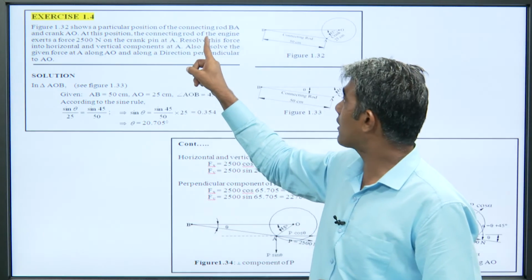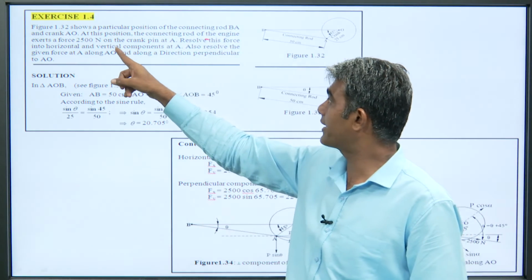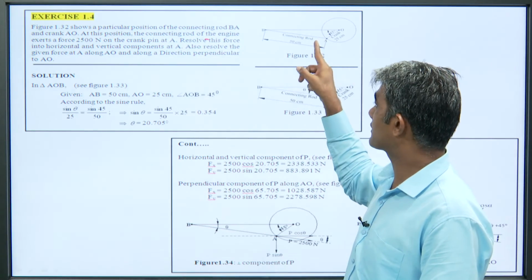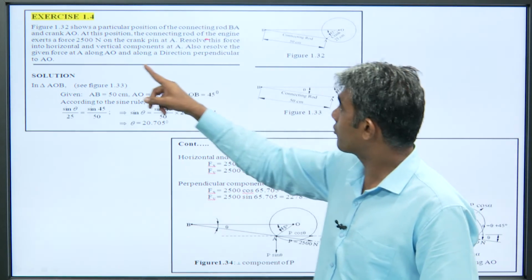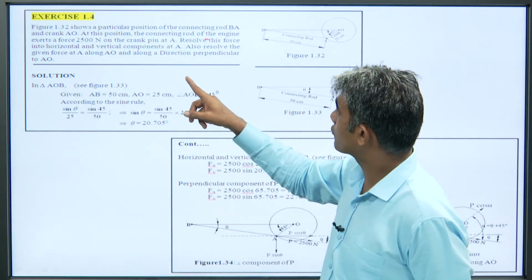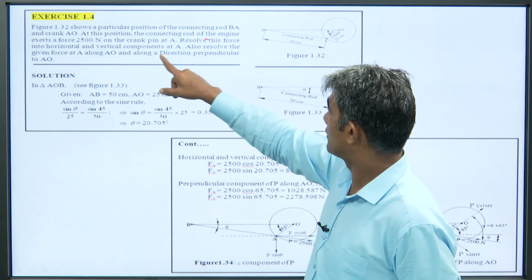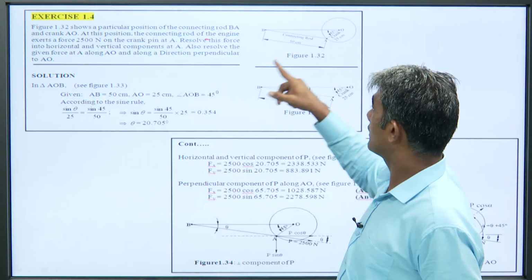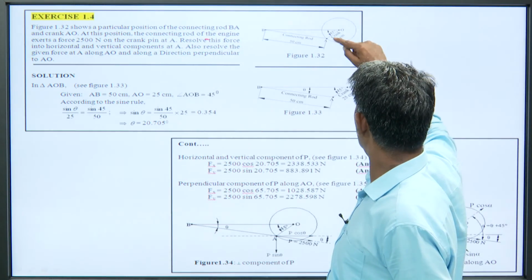At this position, the connecting rod of the engine exerts a force of 2500 Newton on the crank at A. Resolve this force into horizontal and vertical components at A. Also resolve the given force at A along AO and along a direction perpendicular to AO, along this and this.